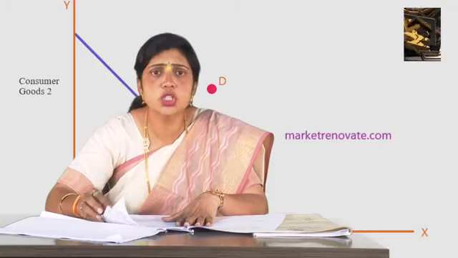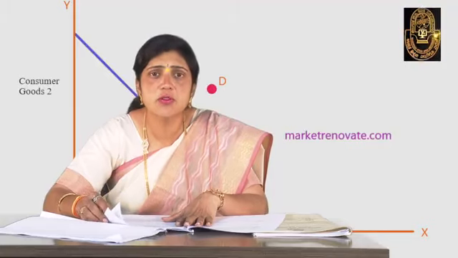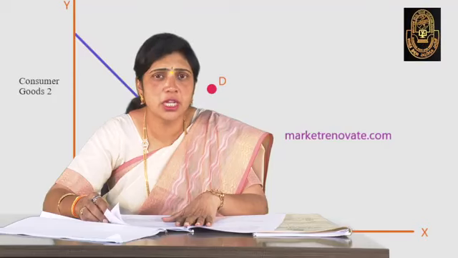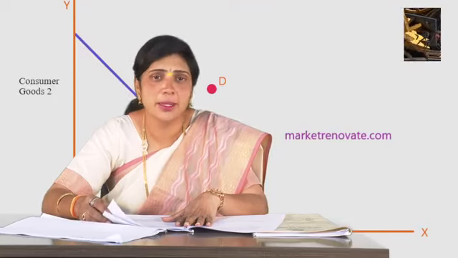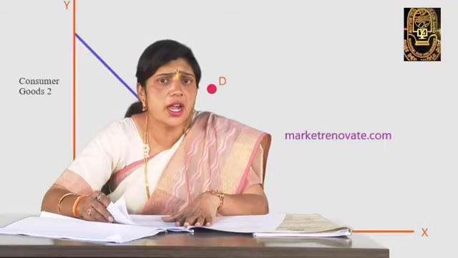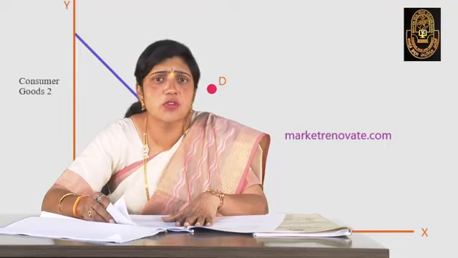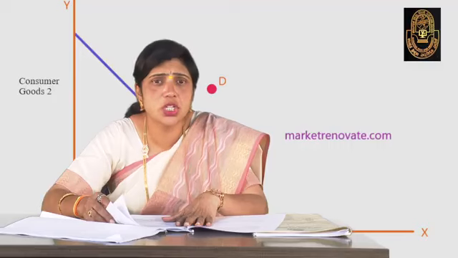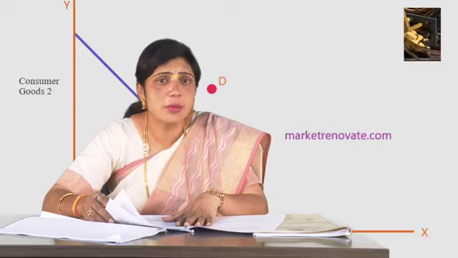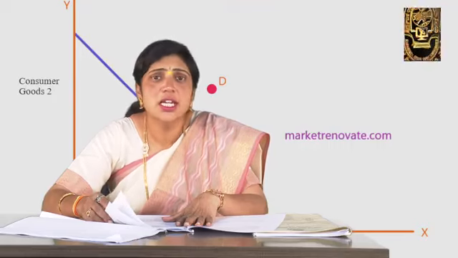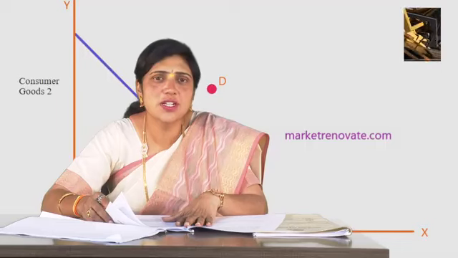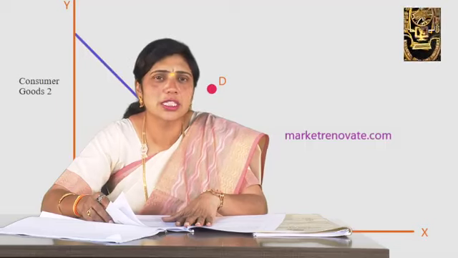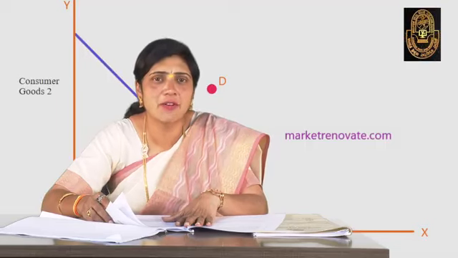When the consumer chooses A, he reveals his preference for A. He regards all other combinations as inferior to A. He chooses A and rejects all other combinations. He favors the chosen combination A. Therefore, Samuelson's preference hypothesis dictates that choice reveals preference. The chosen combination is revealed to be preferred among all other alternative combinations made available.